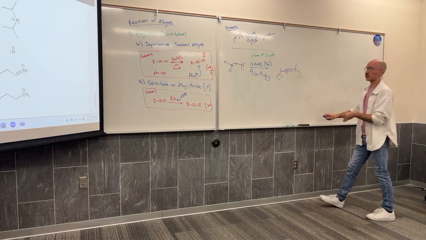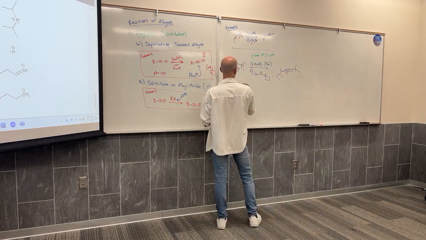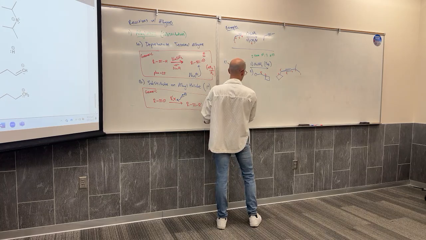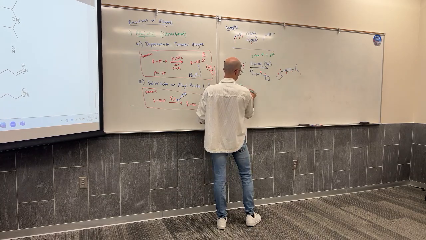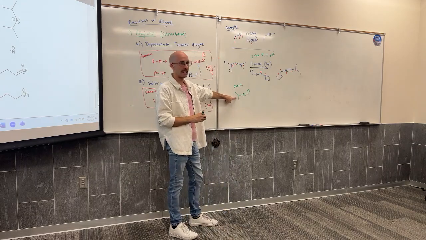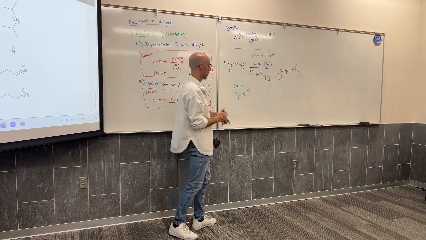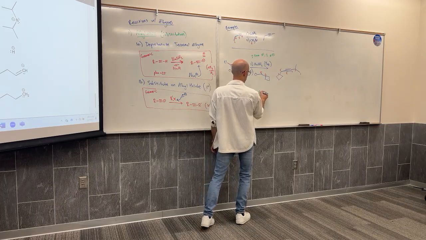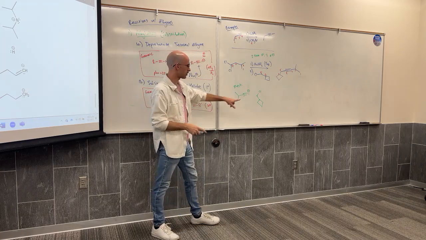Okay, I do want to show you guys a little bit of what this mechanism looks like in case that helps you understand it more. Here's the alkyne anion intermediate that forms. And here's my electrophile.